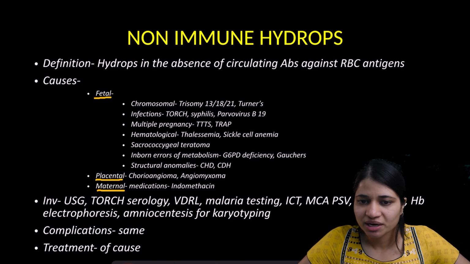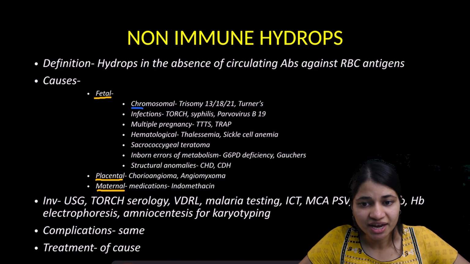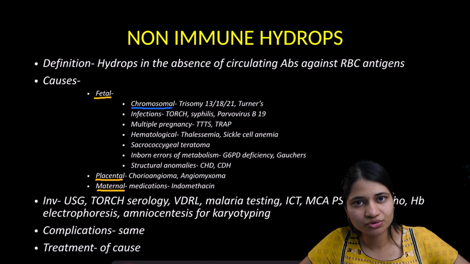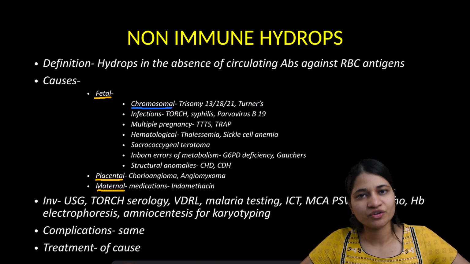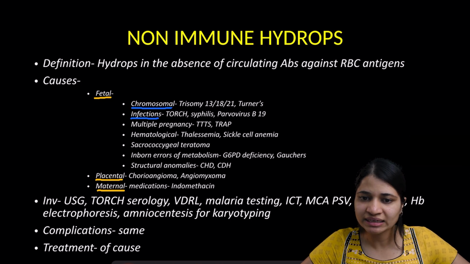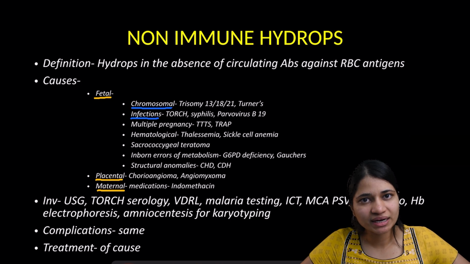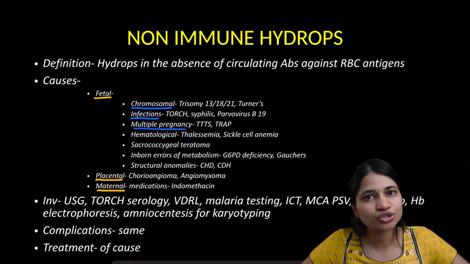Fetal causes can be chromosomal, like trisomy 13, trisomy 18 or 21, or Turner syndrome. It can occur due to infections such as TORCH infections, syphilis, parvovirus B19 infections. It can occur as a result of complications of multiple pregnancy such as twin-twin transfusion syndrome or TRAP sequence, that is twin reversed arterial perfusion syndrome.